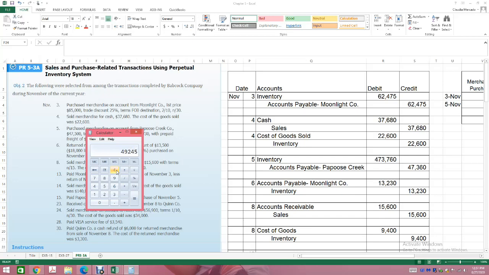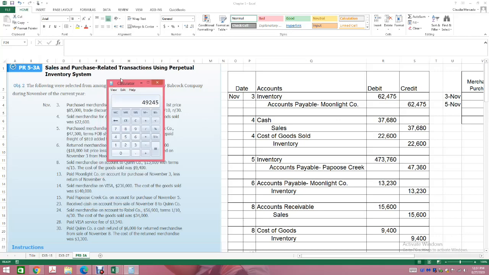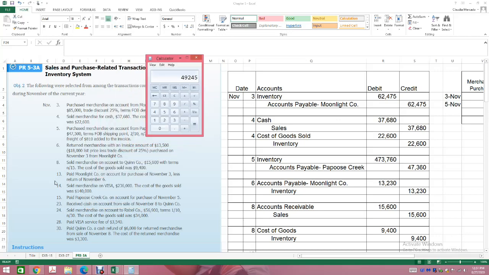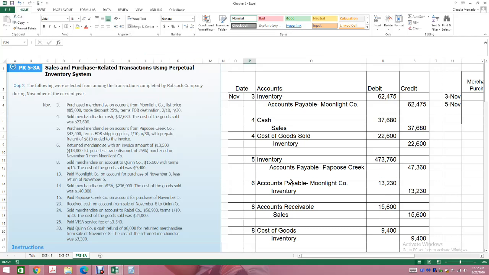So what I owe is my transaction from November the 3rd minus my return on the 6th. On November the 6th, our accounts payable was debited for $13,230. So the $62,475 minus the $13,230 will give you $49,245.